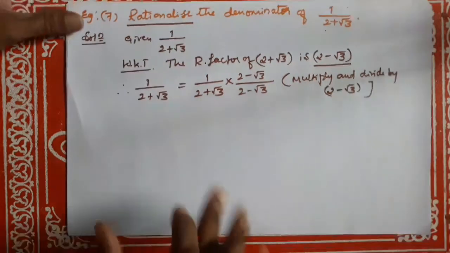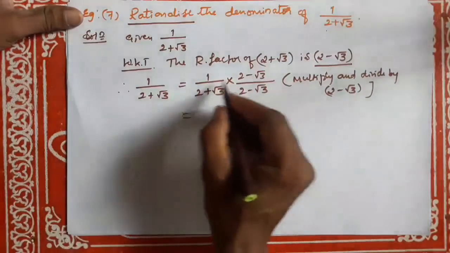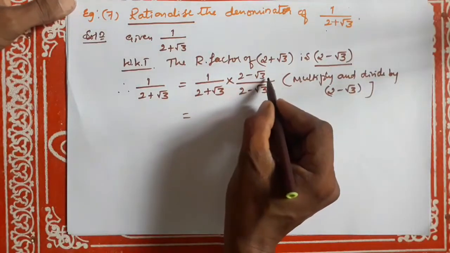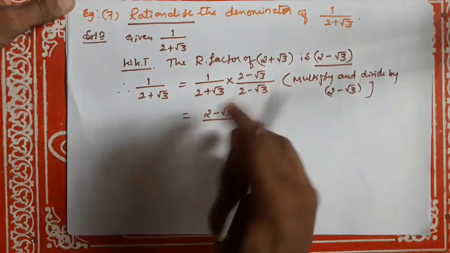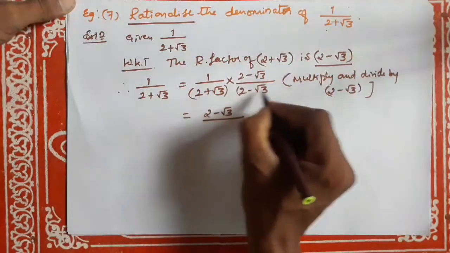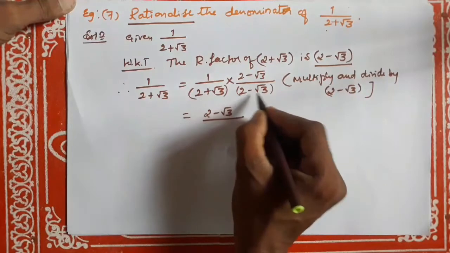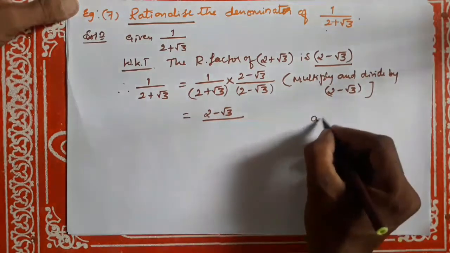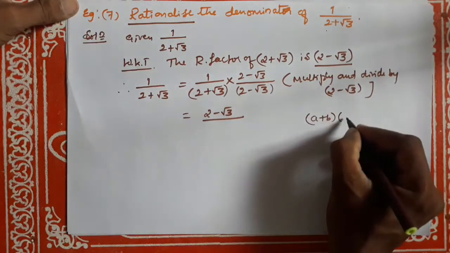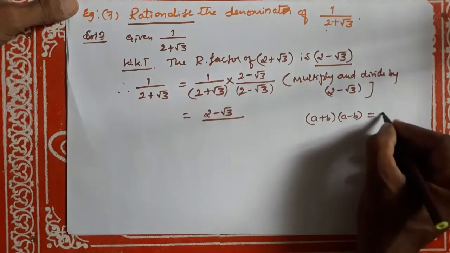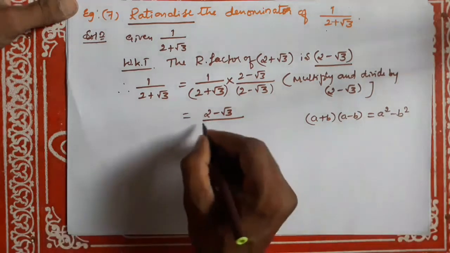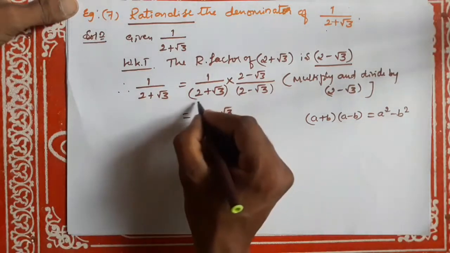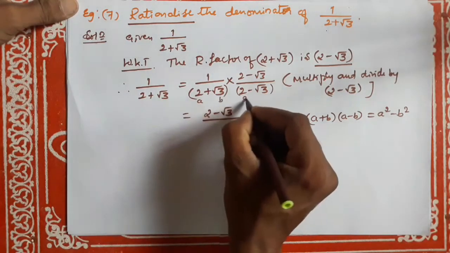Now this is equal to 1 into 2 minus root 3, that is 2 minus root 3, divided by the denominator, which is in the form of a plus b into a minus b. We know the formula: a plus b into a minus b is equal to a square minus b square.